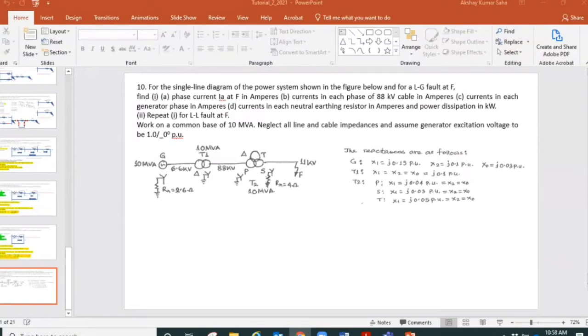So there are various applications of 3-winding transformers, and the 3 windings are named as you see: the letter P is for primary, S is for secondary, and T is for tertiary. So what we see, we have primary winding star connected, solidly grounded, secondary winding star connected, grounded to a resistance of 4 ohm, and tertiary winding is delta connected.